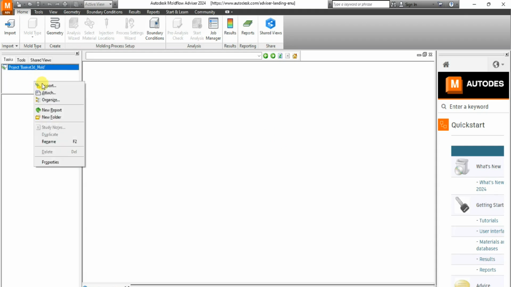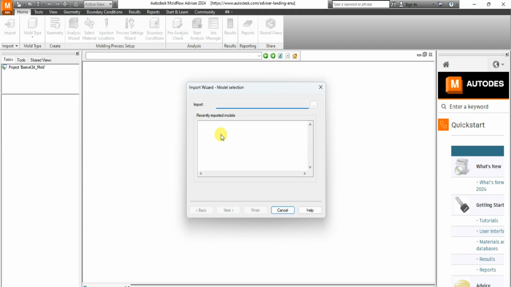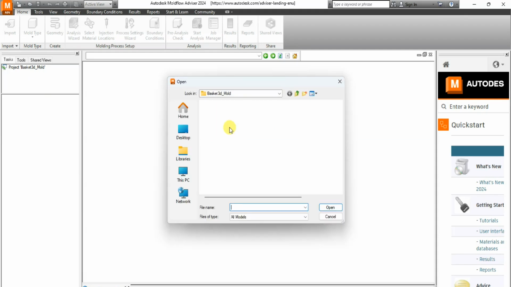So right in here we're going to import a specific object.